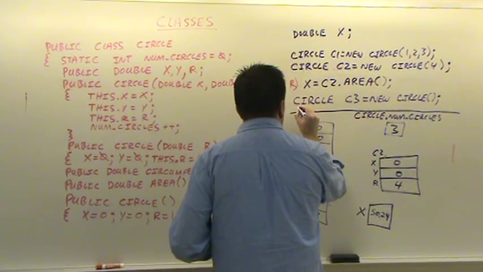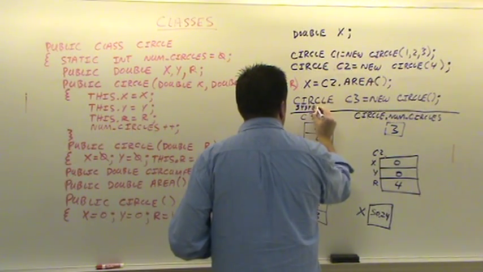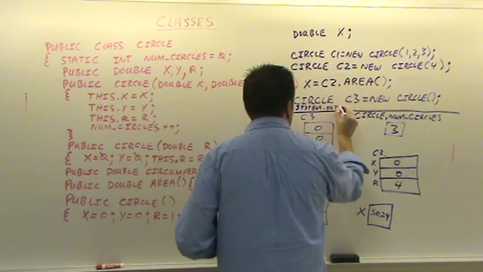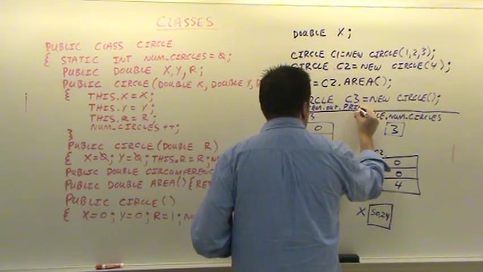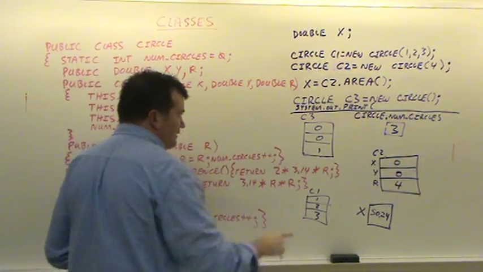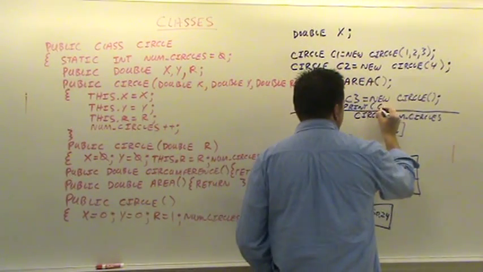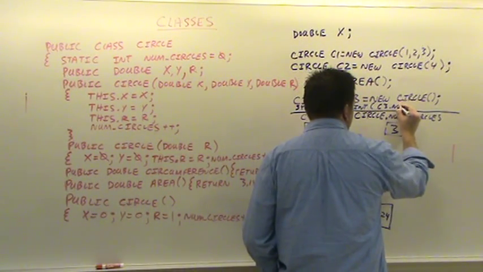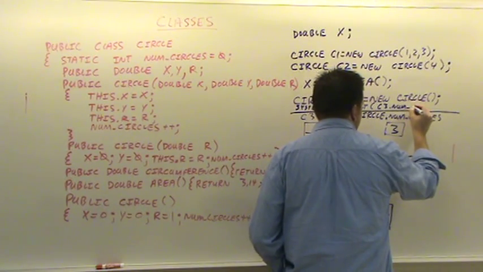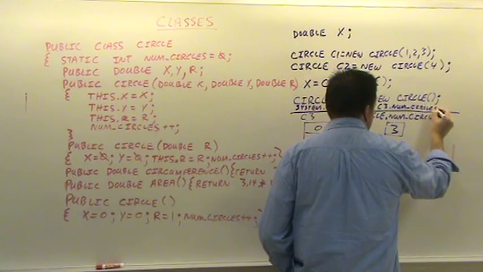Obviously it would be System.out.println. And what would we print? I just want to print this thing out. Would I say C3's num? Would that work?